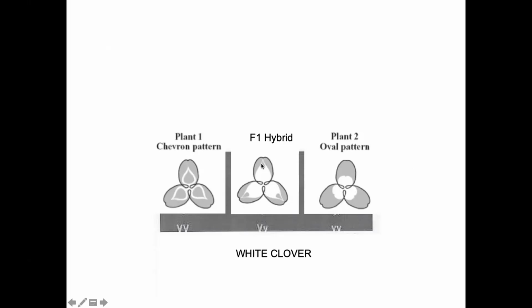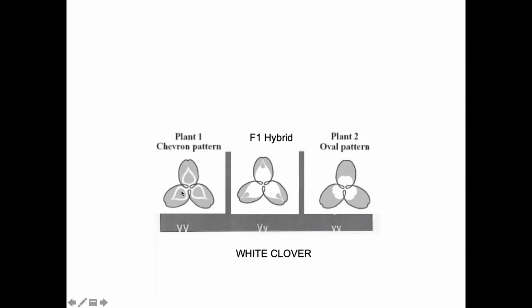So you can see both parental phenotypes in the F1 hybrid. They said, okay, that's clearly a non-Mendelian inheritance pattern. So what's going on? They would self the F1 hybrids and look for segregation among the F2 progeny, just like I described for the flower color in the previous example.